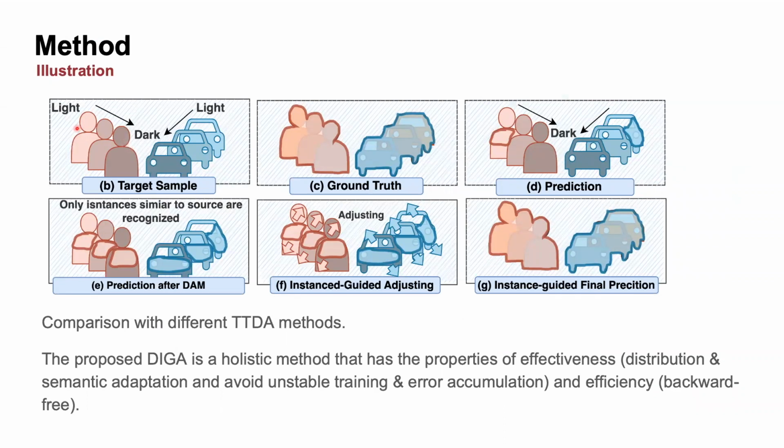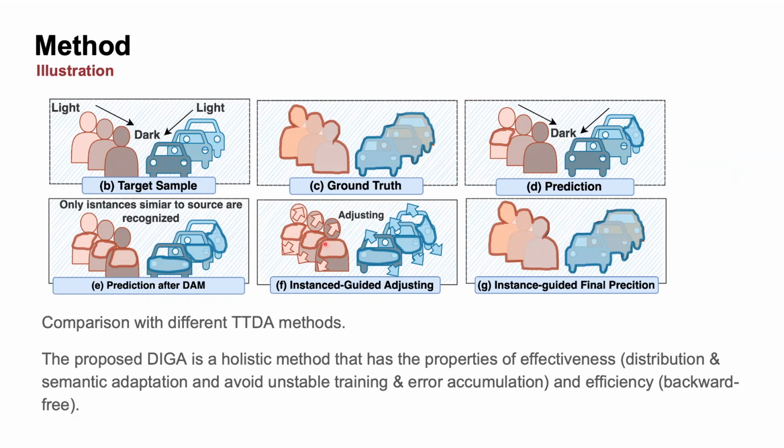Here we have an illustration of our method. Imagine that we have two categories, humans and cars, and they are in different light conditions. In the first step, we only recognize some part of the car, which is in a very good light condition. Then we can use DAM to align the distributions so that some part of the dark area can also be recognized.